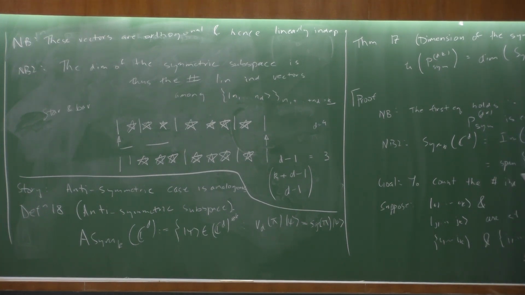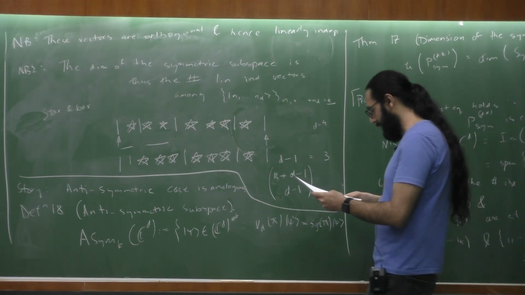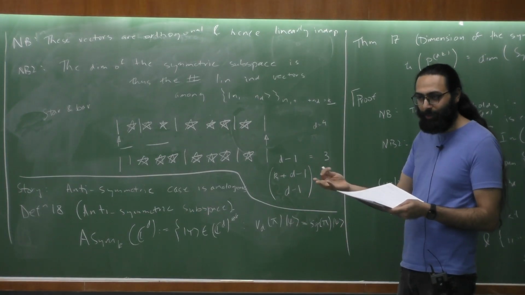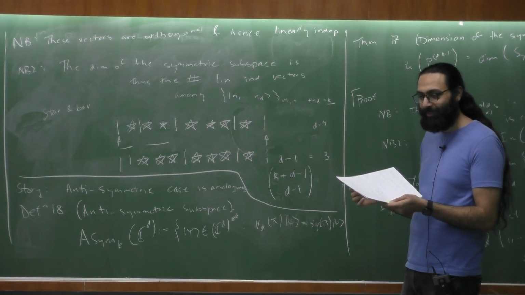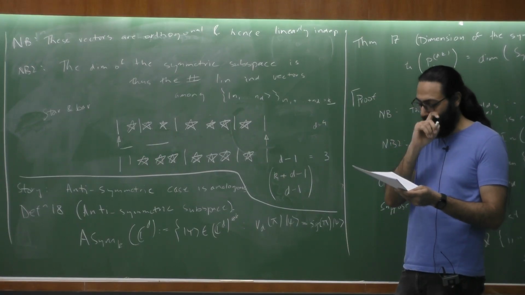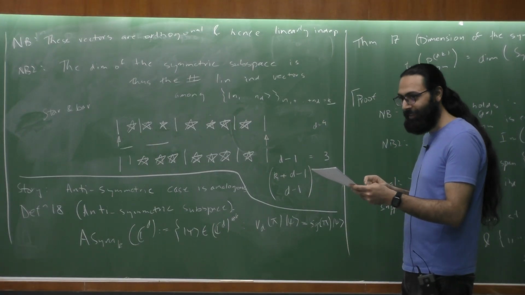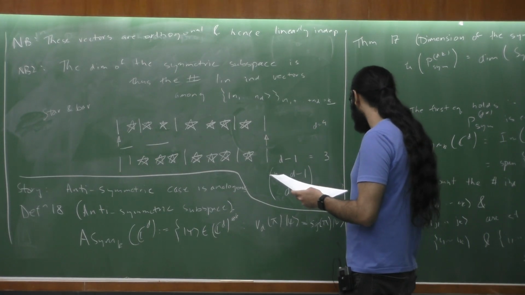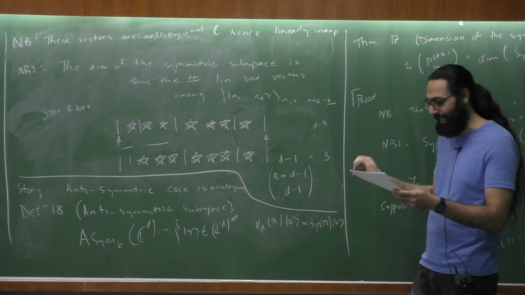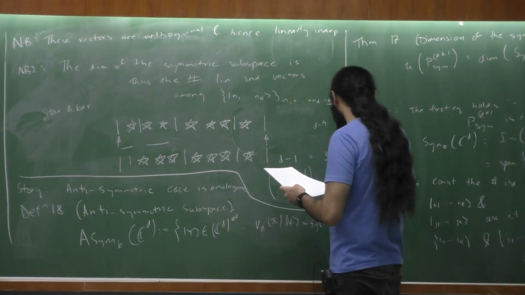I was saying this because I thought we saw this last time, that if pi is odd, then the sign of pi inverse is also odd. Let's not get there. We'll do it when we have to.